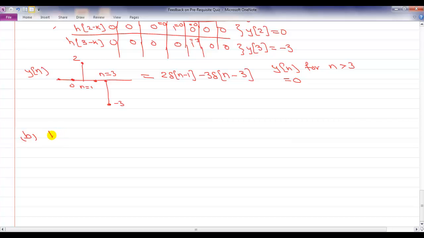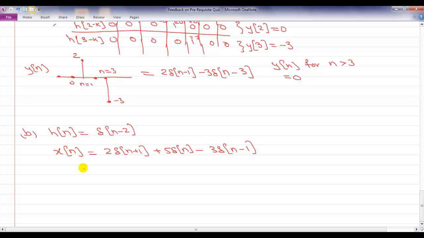So as a reminder, h of n was delta of n minus 2, and our x of n that we are told is 2 times delta of n plus 1 minus 3 delta of n minus 1 plus 5 delta of n.